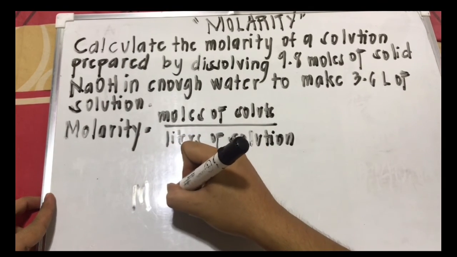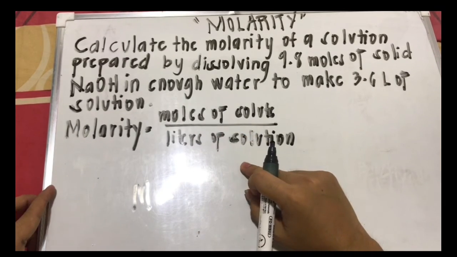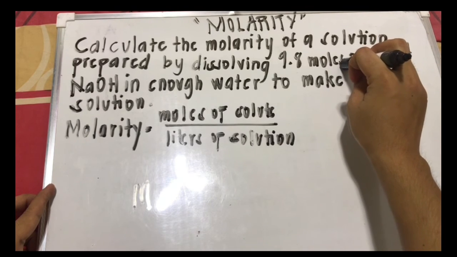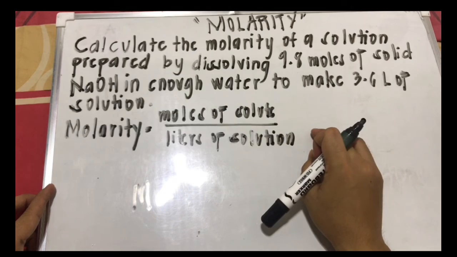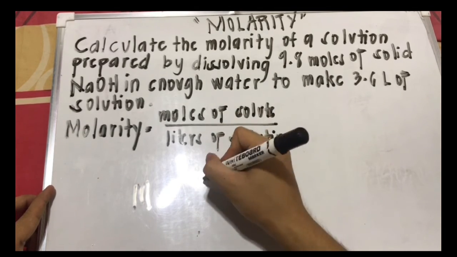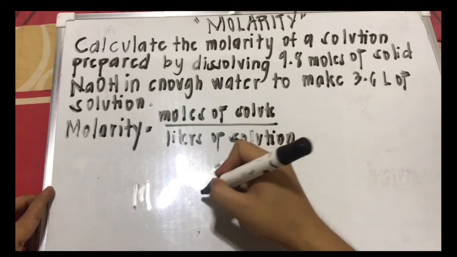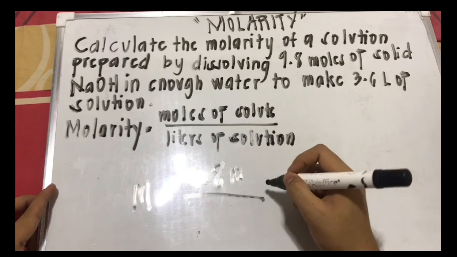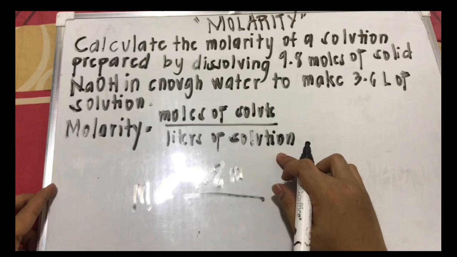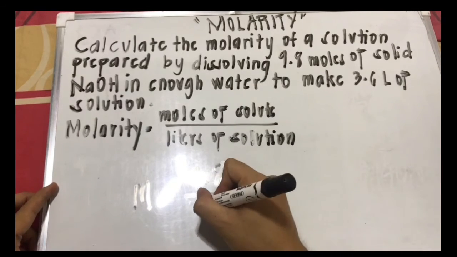equals moles of solute. The solute here is sodium hydroxide because it is getting dissolved in water, and we have 9.8 moles of solute over the liters of solution, which is the 3.6 liters of solution.